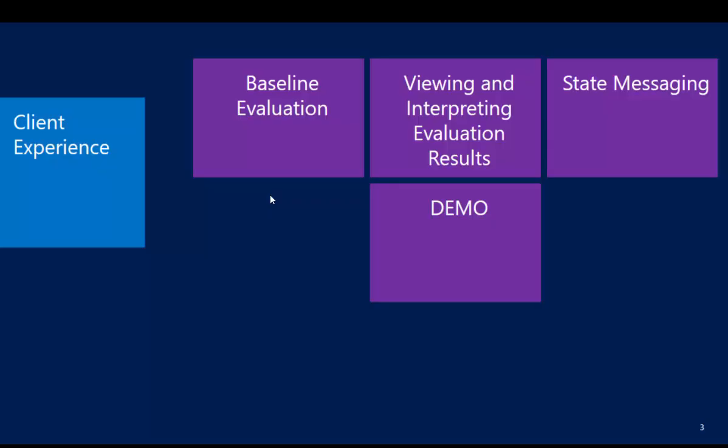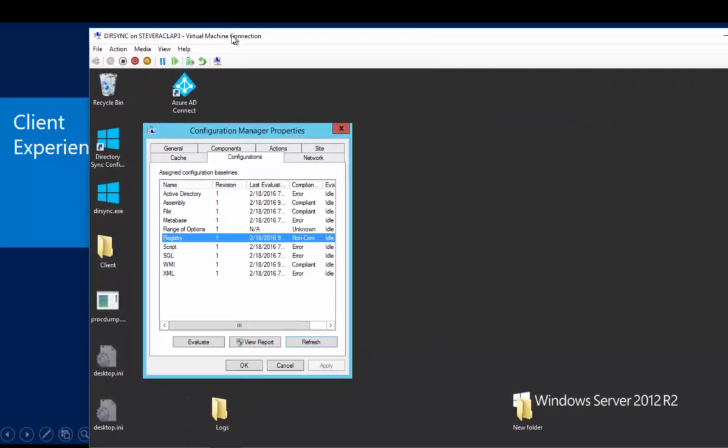Understanding how that works matters. For example, if you don't have a change in state, then we're not going to send anything up to the site server. We only do that whenever there's specifically a state change detected. I'll show you that as we go through some of the logs.